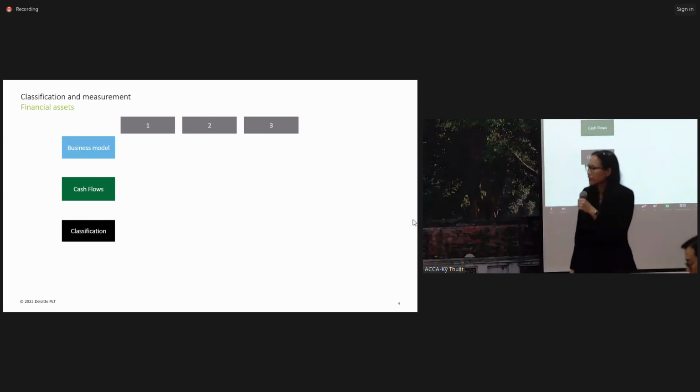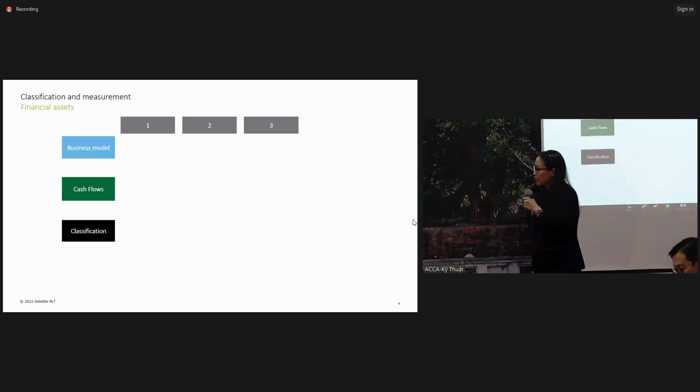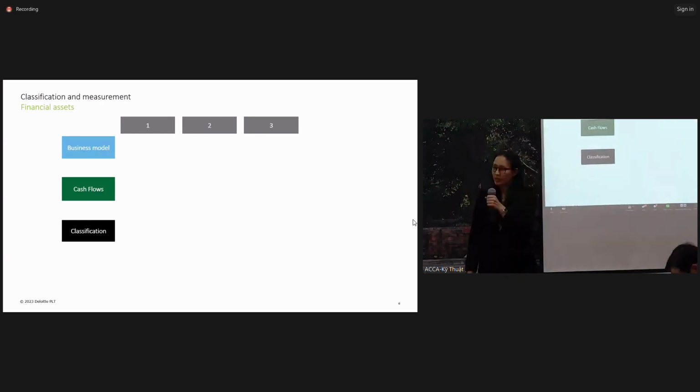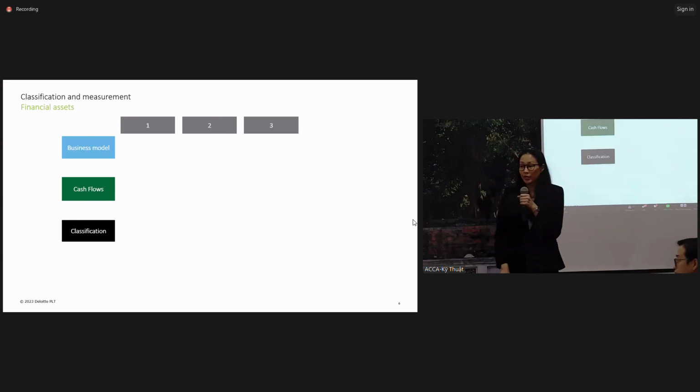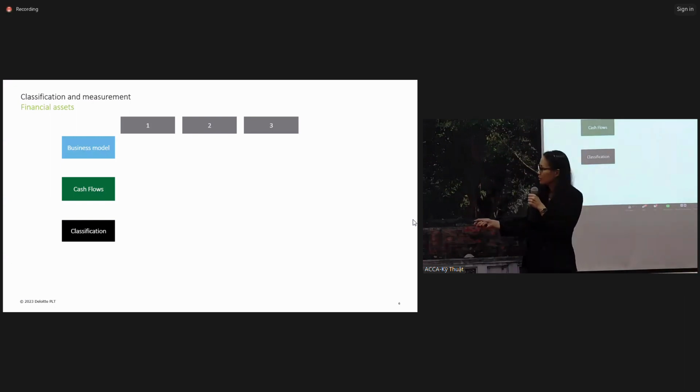Now the IFRS 9 model for financial assets looks at two main things when we come to classification and measurement: the business model and what we call the contractual characteristic test, or in simple form here, I just put the words cash flow.